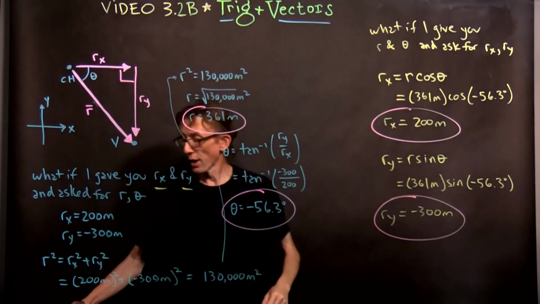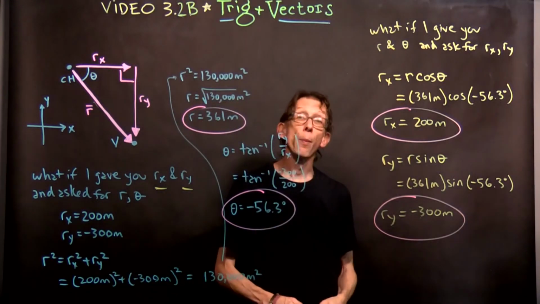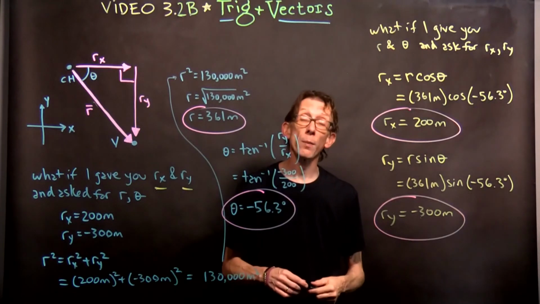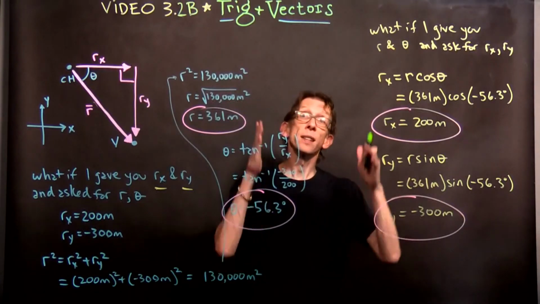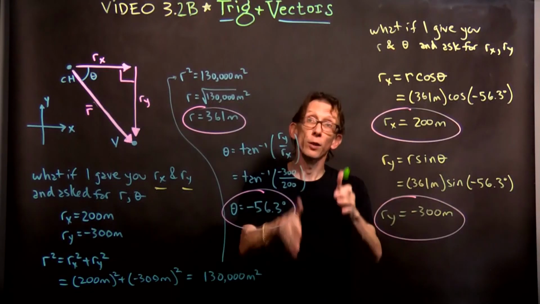So what we've done here is use, not quite all, but almost all the trigonometric formulas that we talked about in the last video, and applied it to the example in the first video, the vector problem.